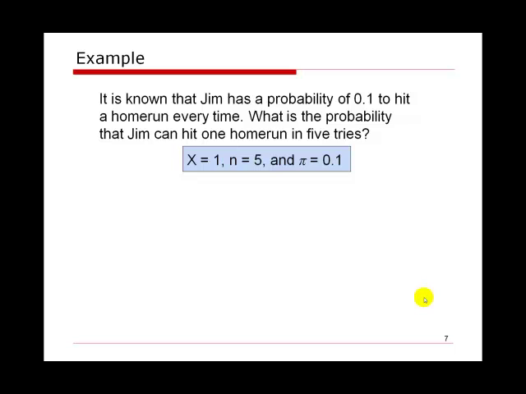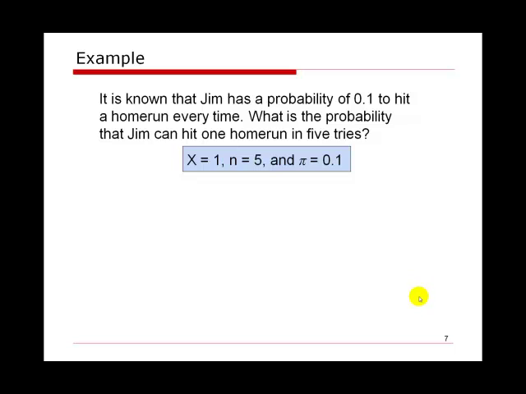Now remember, the three parameters we need to calculate the binomial distribution are n, the number of observations or sample size, pi, the probability that in each observation the event of interest will occur, and then x, which is the number we're looking for.